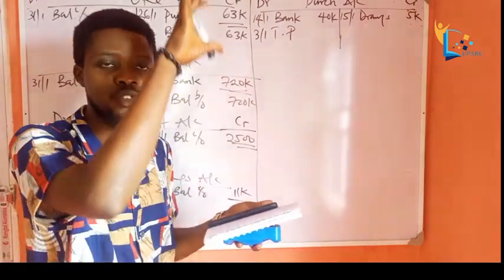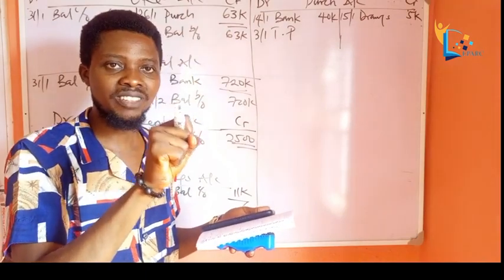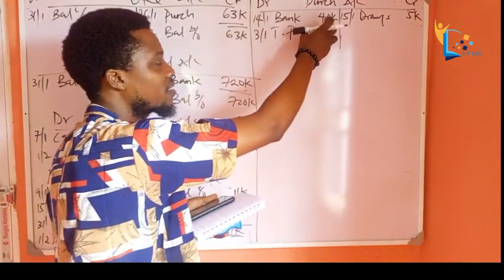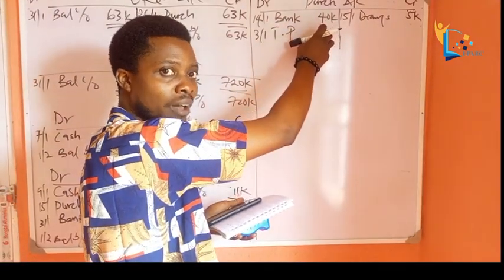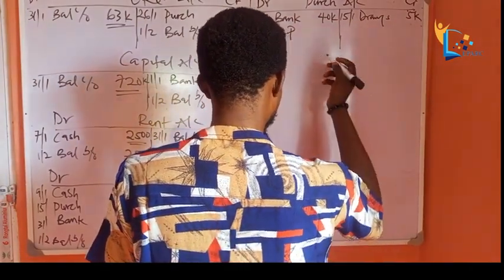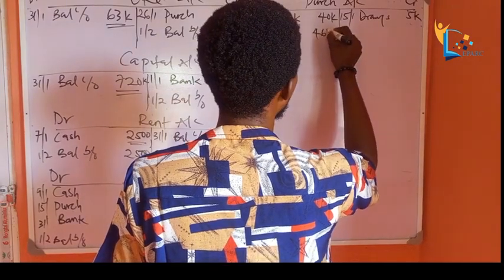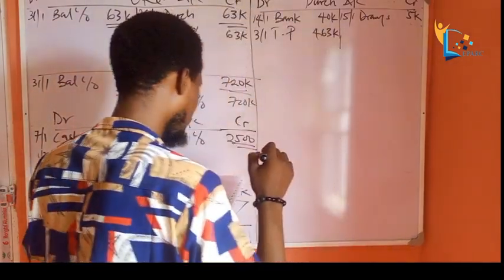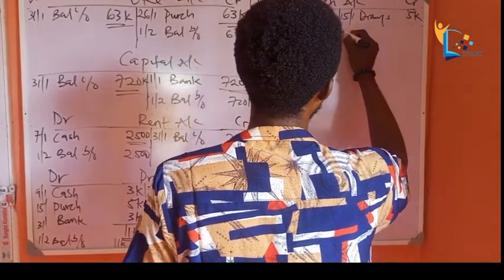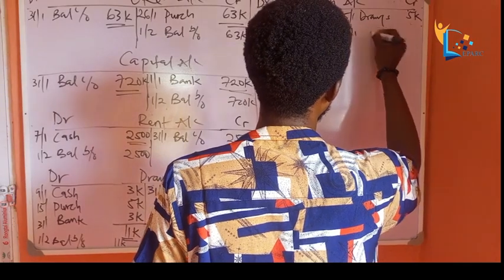So pick the total of the purchase transactions in the purchase day book and post it on the purchase account. The total of it there is 463K. So we'll add this and do our balance carried down, 31st of January.